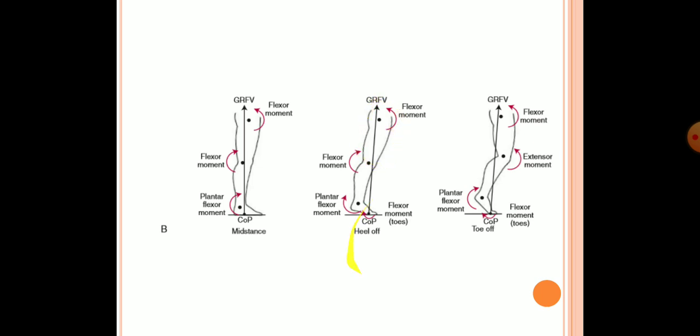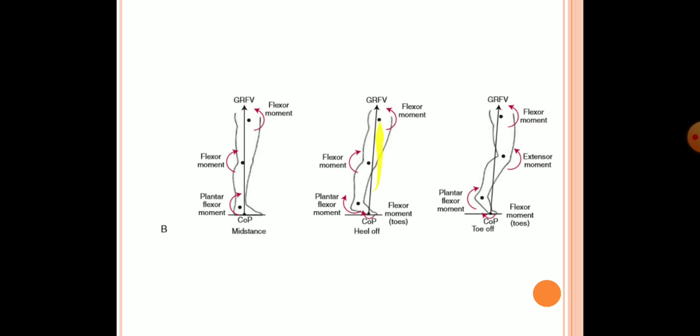So during heel off phase what happens, the center of pressure is almost coming anterior, into the tip of the toes, and the ground reaction force in the ankle joint is produced far anterior from the ankle joint, so it will produce a plantar flexor moment.